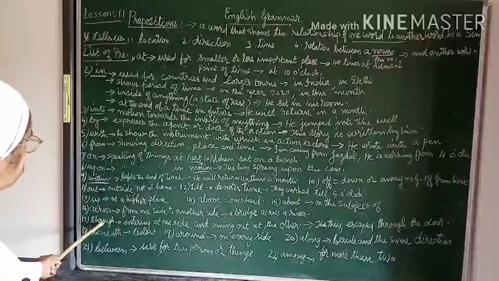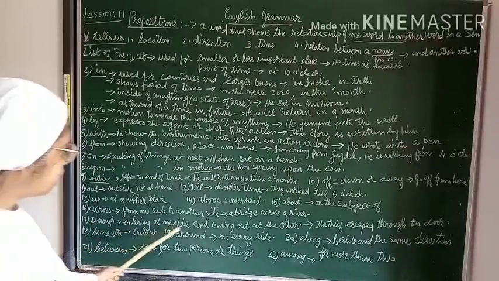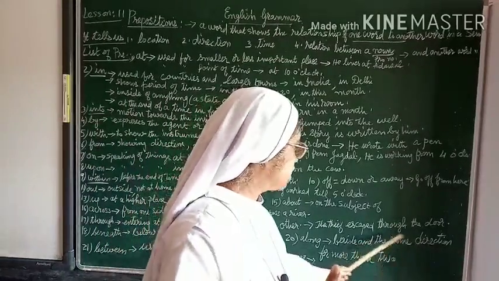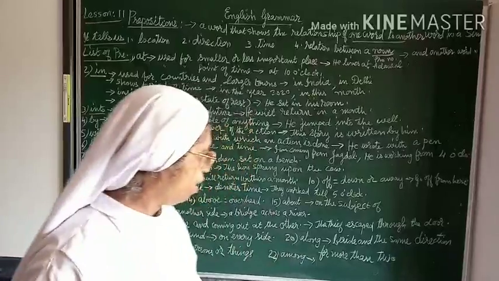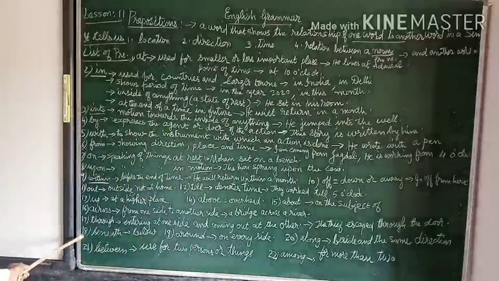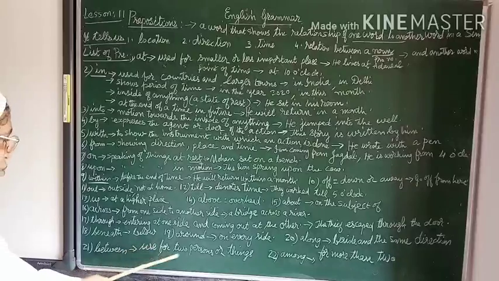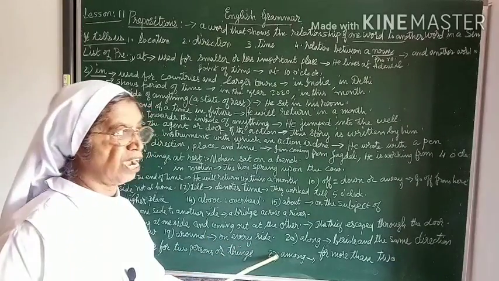Next we have through. Through means entering at one side and coming out at the other. So the thief escaped through the door. Came through the door and went out another door. Next one is beneath. Beneath means below. Around. Around means on every side.